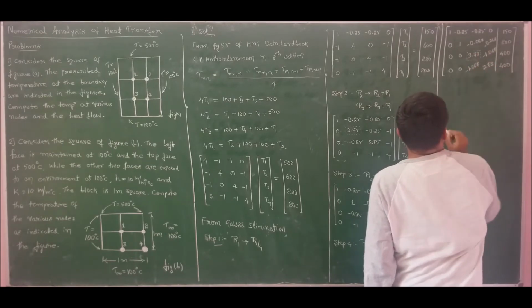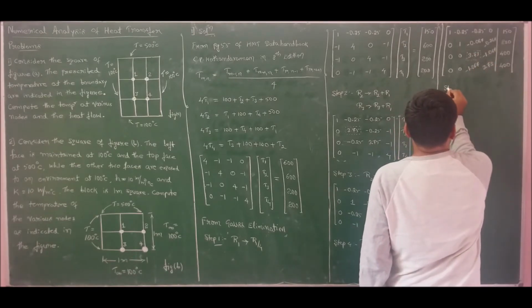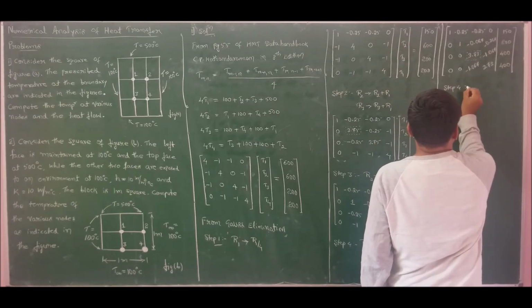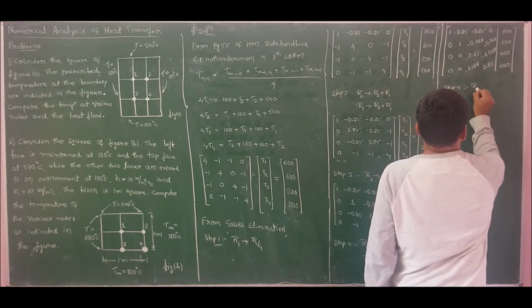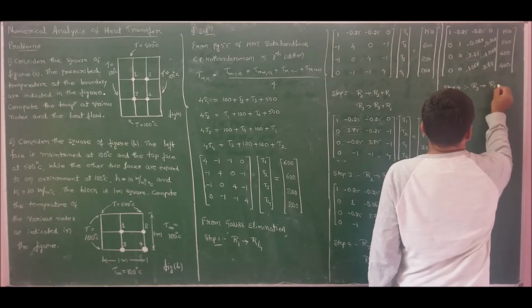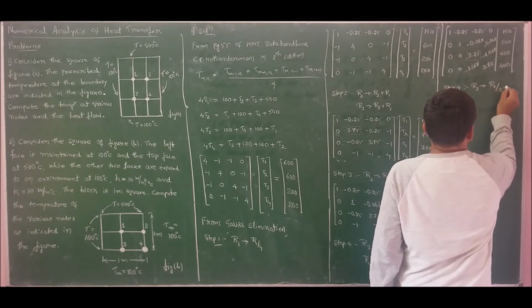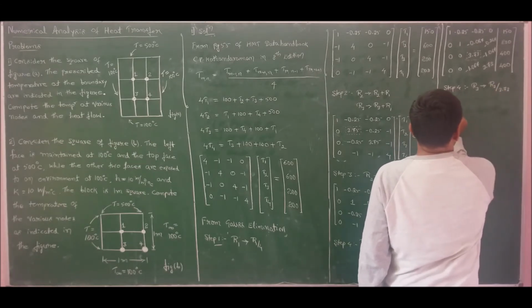So in step 4, I will do R3 tends to R3 by 3.73.